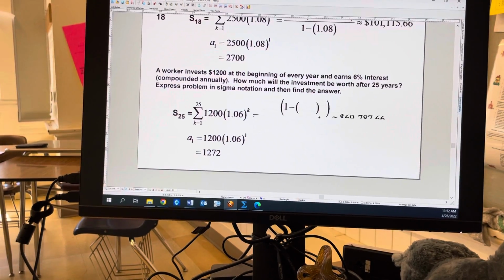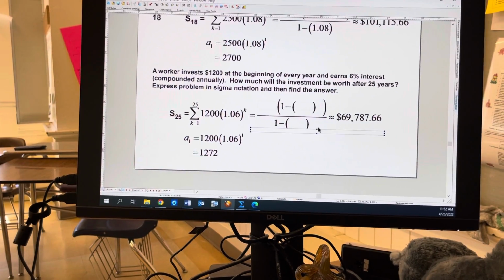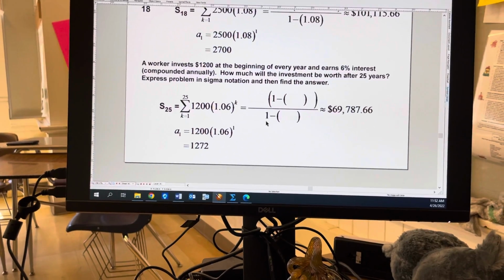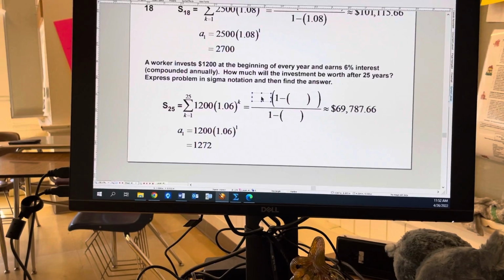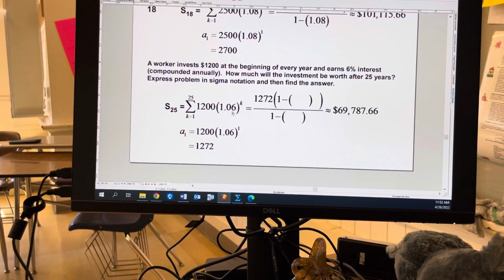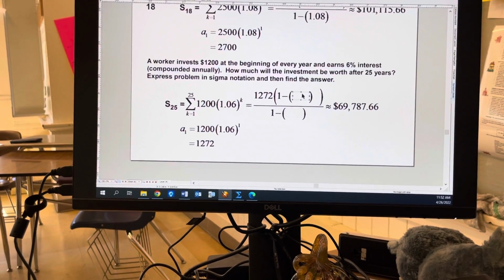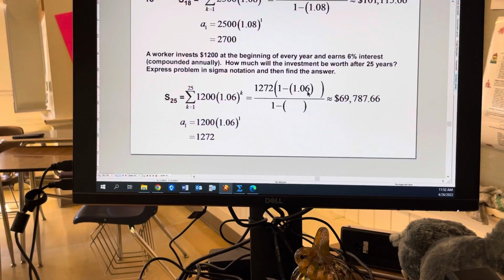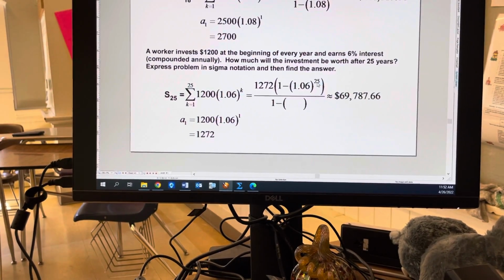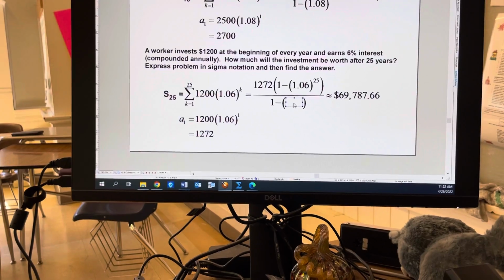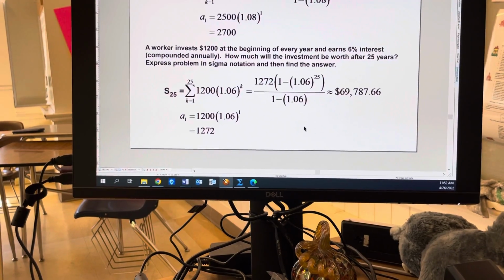So let's substitute in. I shouldn't have spoiler alerted it, but we're going to put A1 right here, which is 1272, and we can see that R is 1.06. And I'm saving for 25 years. That's a long time. And then my R on the bottom is also 1.06.